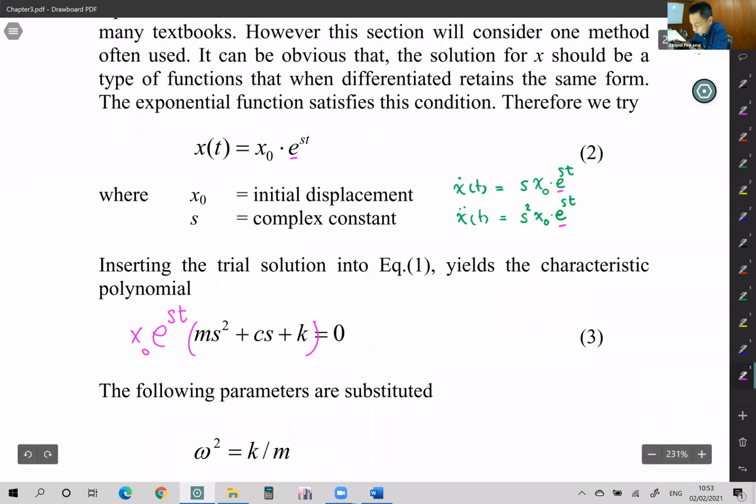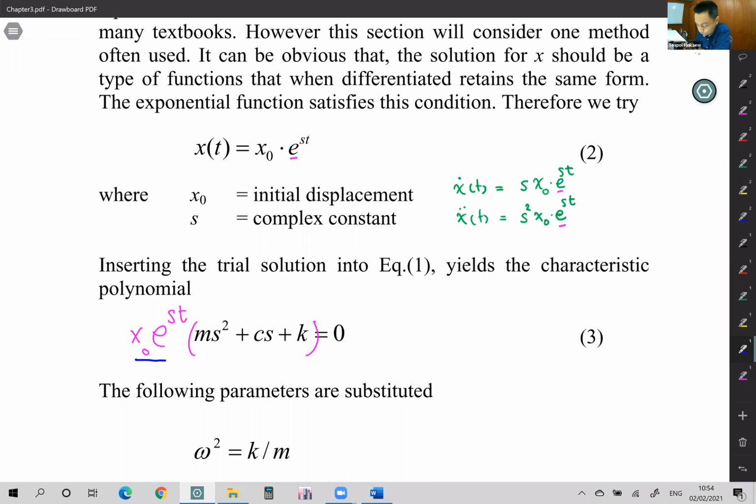And when I do so, you get equation number 3. Because x0 e to the power st is not equal to 0, okay? x0 is not 0, otherwise your solution is trivial, and e to the power st cannot be 0.